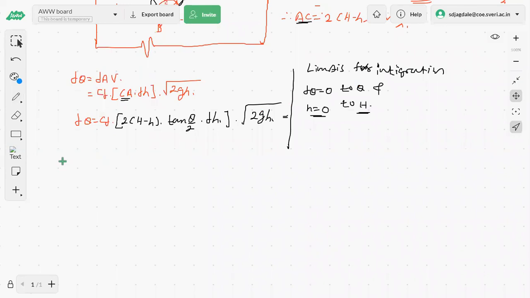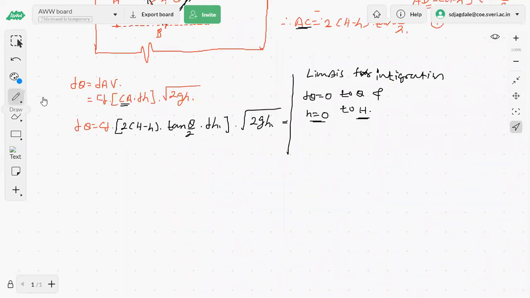So we'll have integral dQ limit will be from 0 to the capital Q. इतर discharge 0 असेल किंवा पूर्ण discharge असेल, is equals to integral from 0 to the capital H for a Cd in bracket, just into 2, and I will take it to the bracket, or we will take it as the outside.